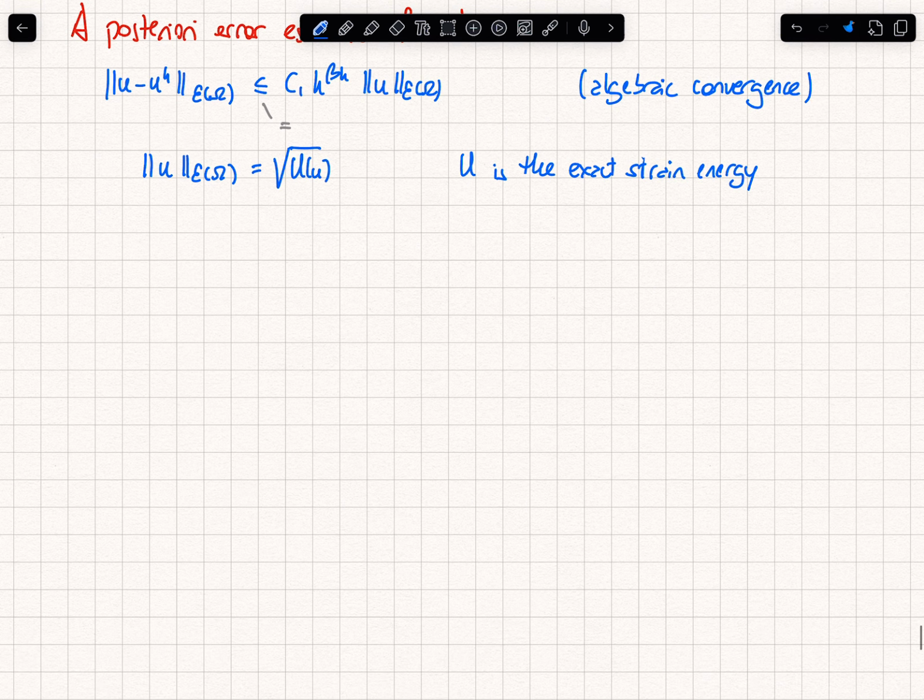If you remember, the strain energy was also related to the bilinear form, right? So U was equal to 1/2 of my bilinear form applied to U comma U. These are some equations that we wrote a long time ago. Now I want to look at the norm of U minus UH, and this is going to be the error squared.